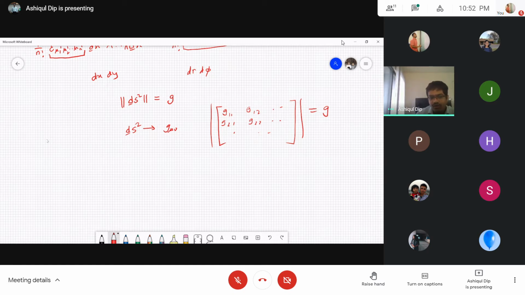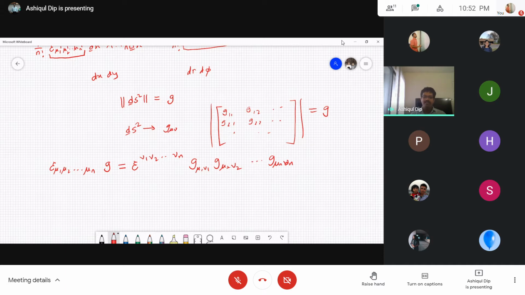E with lower indices mu1, mu2 up to mu n, times g, which is the determinant, equals E with upper indices mu1, mu2 up to mu n, g mu1 mu1, g mu2 mu2, up to g mu n mu n, right?